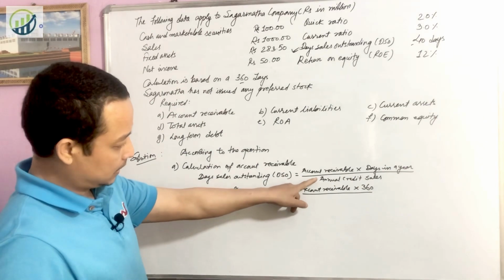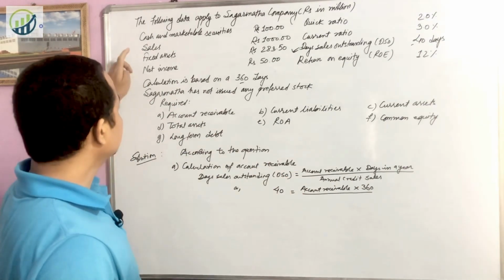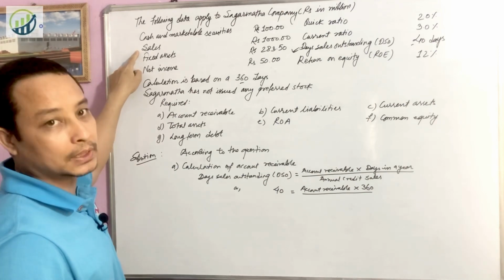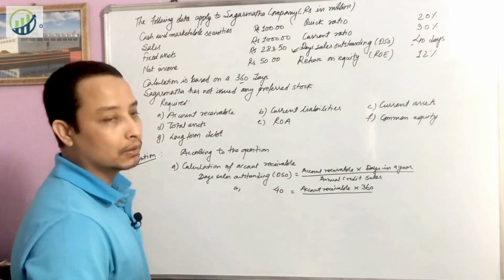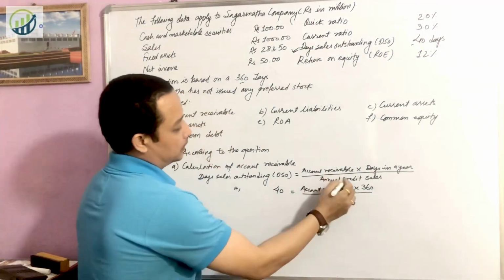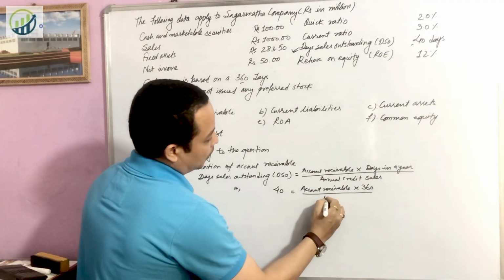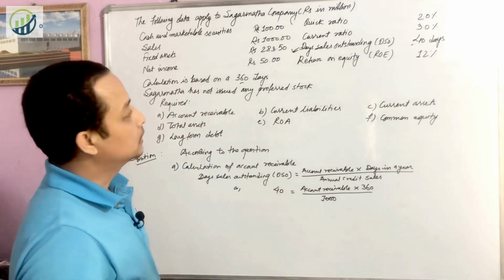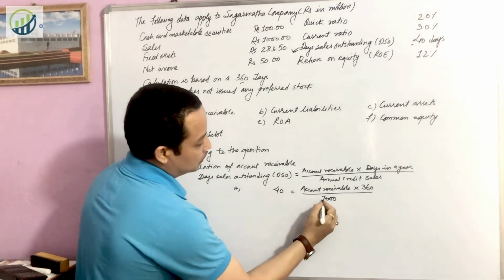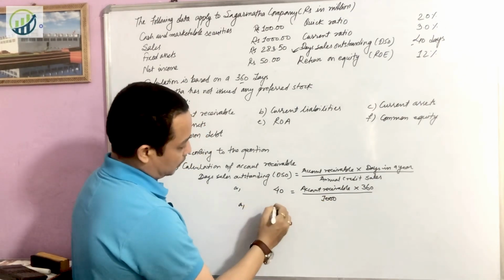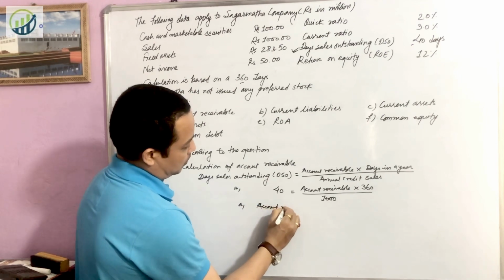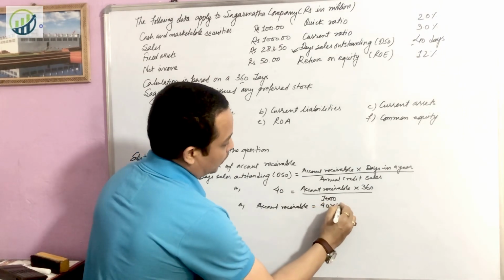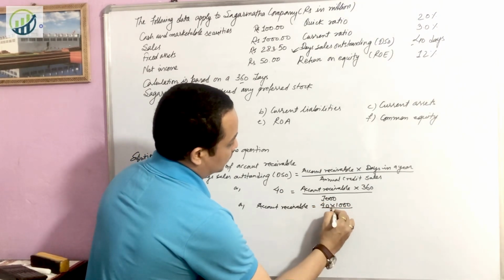Annual credit sales is not given here, but sales is given here. So annual credit sales must be equal to sales. So you can take sales as annual credit sales for finding the accounts receivable. So annual credit sales is 1000. All these rupee amounts are in million, so this is 1000 million. So accounts receivable equals 40 into 1000 divided by 360.